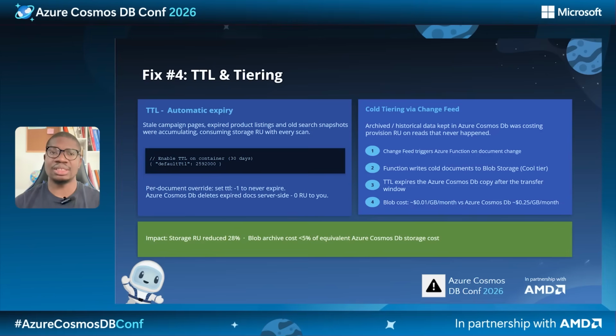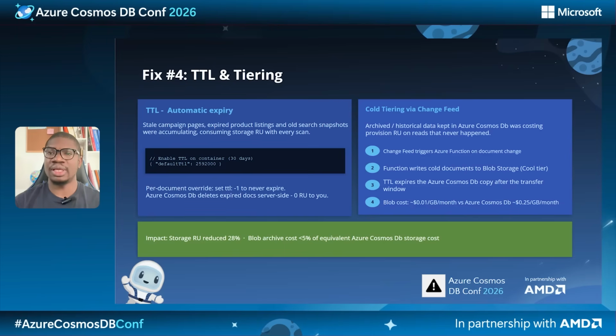The second pattern is cold tiering through change feed. Historical data that you need to keep but never query can be moved to blob storage using a simple Azure Function App on the change feed.